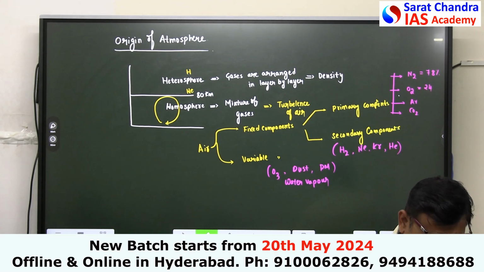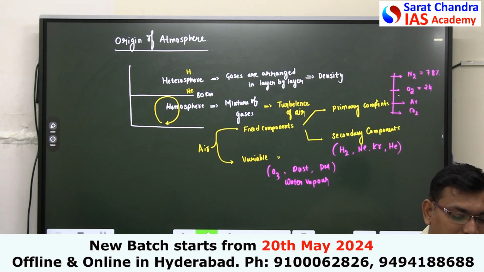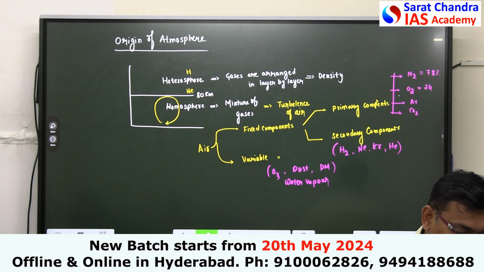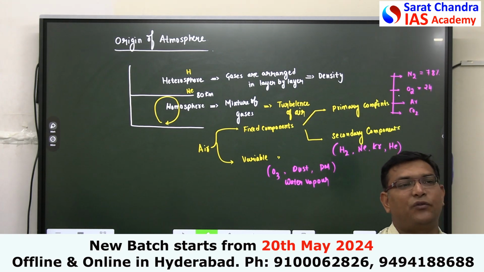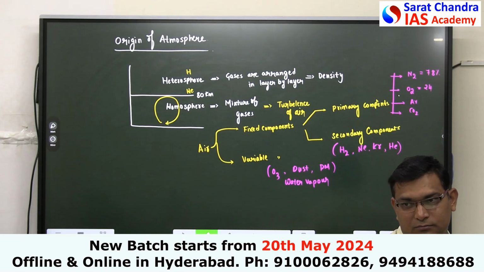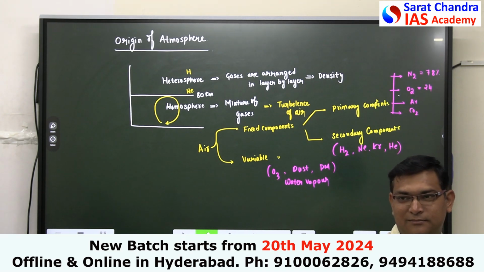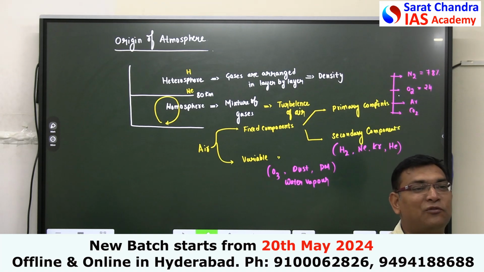Second, in this layer, gases are arranged based on their atomic weight. Now, in these two layers, which one is suitable for life? Homosphere is suitable. Oxygen is present. Yes or no? So homosphere is suitable for life.